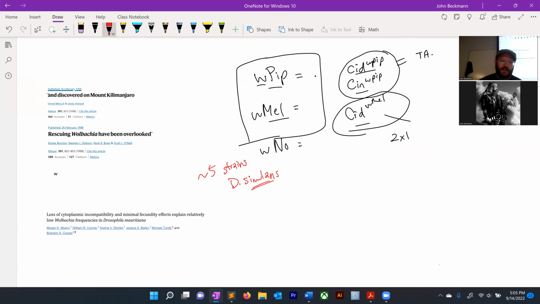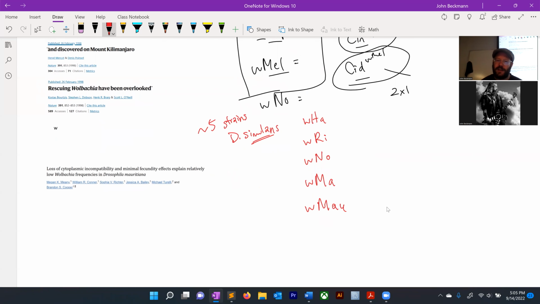Within D. simulans, there is wHa, wRi, wNo, wMa, and wMau, which comes from Drosophila mauritiana, a different species, which was put into Drosophila simulans. And then I think there's another one, wKeeley. So there's a whole bunch of different strains, and each of these have different mutations in their CI factors. And so the idea was, let's start to characterize some of these and see how they function.